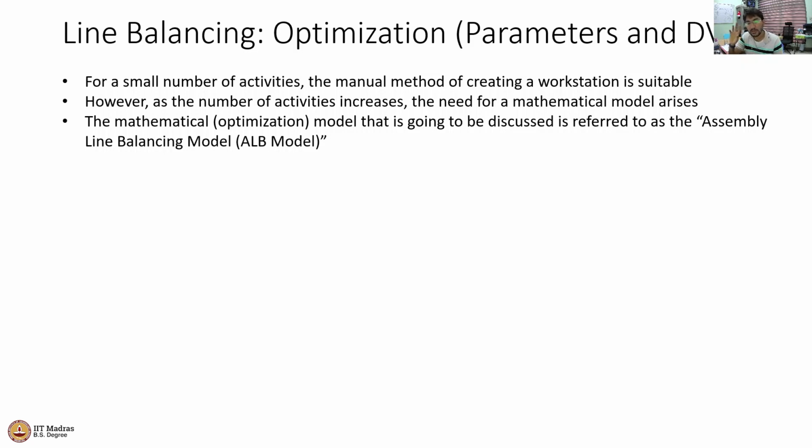And for this optimization model, the first thing that I'm going to present to you are the parameters and the decision variables. In any optimization model, there are 3 things that would be required. The first one is the decision variables, the second is the objective function, and the third is the constraints. I'm first going to talk to you about the decision variables. The parameters basically refer to your inputs.